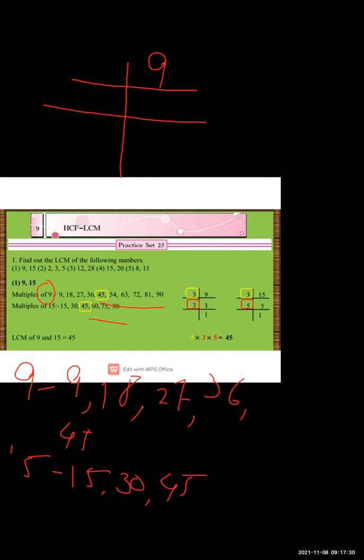Is 9 going in the 2 table? No. In the 3 table? Yes. 3 threes are 9. Next we got 3. 3 ones are 3. If we get 1, it means our sum has been solved.